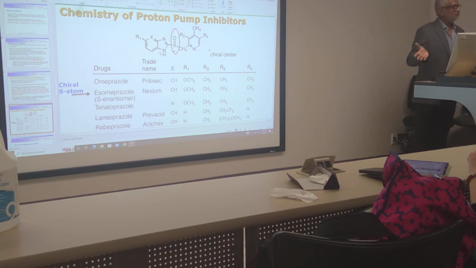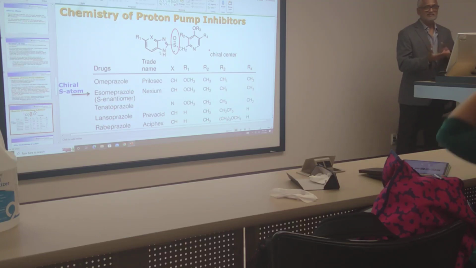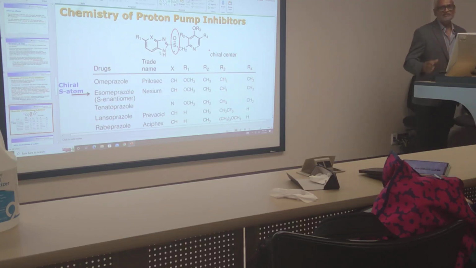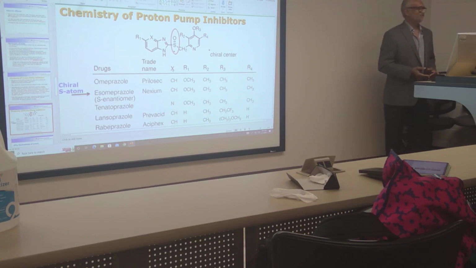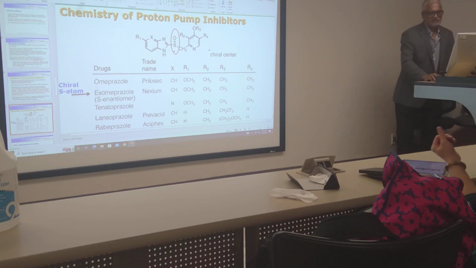Remember, you all know the chiral centers are always carbon. Some of you may know there are others, nitrogen and sulfur, that also can cause chirality. They can make these enantiomers. So one of the examples of these chiral forms is the proton pump inhibitors, omeprazole and esomeprazole.